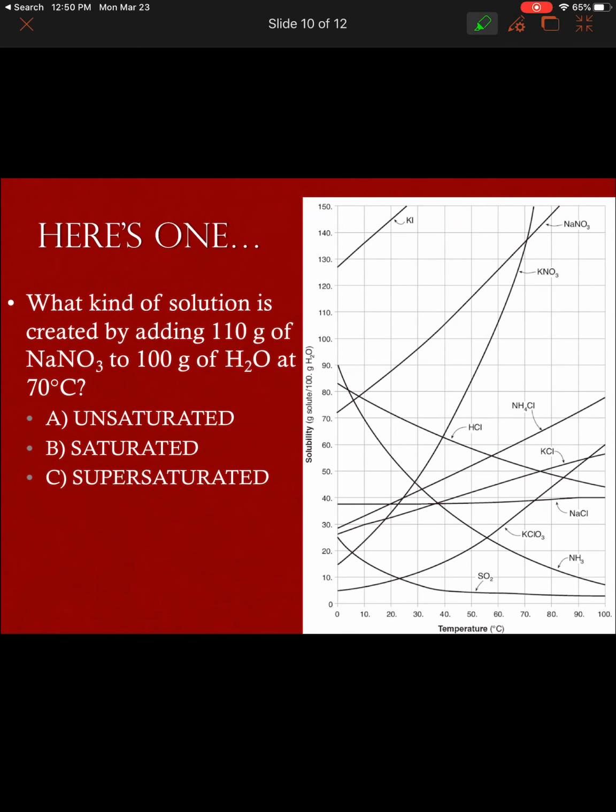What kind of solution is created by adding 110 grams of NaNO3 to 100 grams of water at 70 degrees Celsius? Okay. Remember, 100 grams of water, standard for the table. So now we're looking for NaNO3, which is right here. So it's this curve.